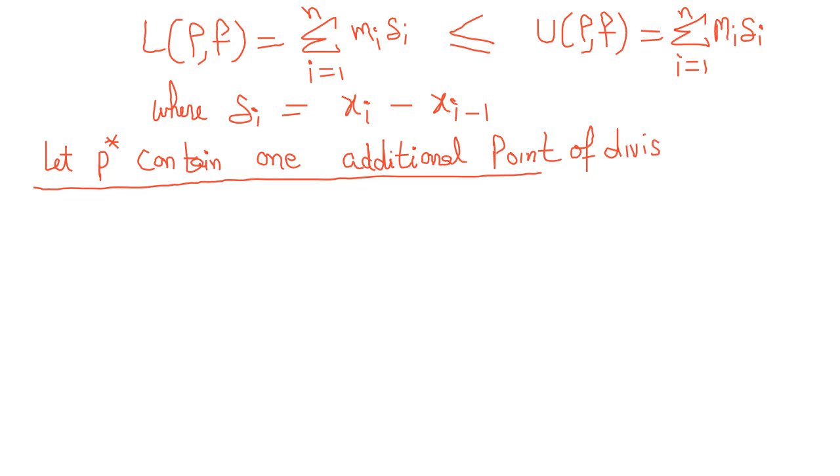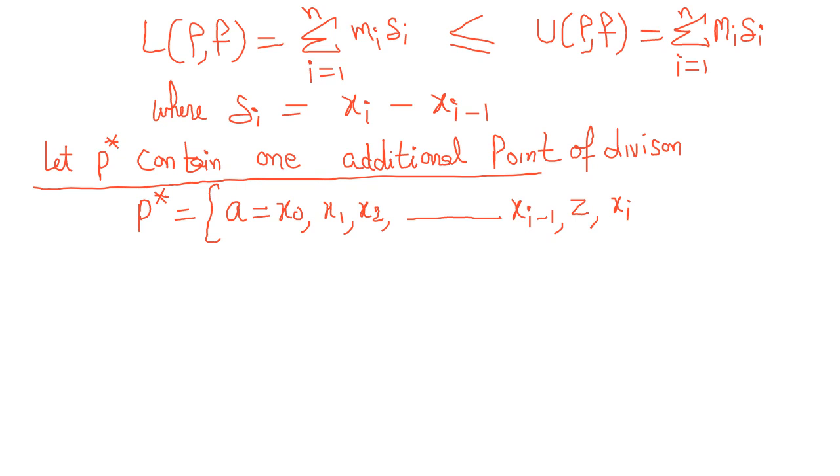Let P star be A equal to x naught, x1, x2, and so on, xi minus 1, z, xi, then xi plus 1, and so on, xn equal to b.